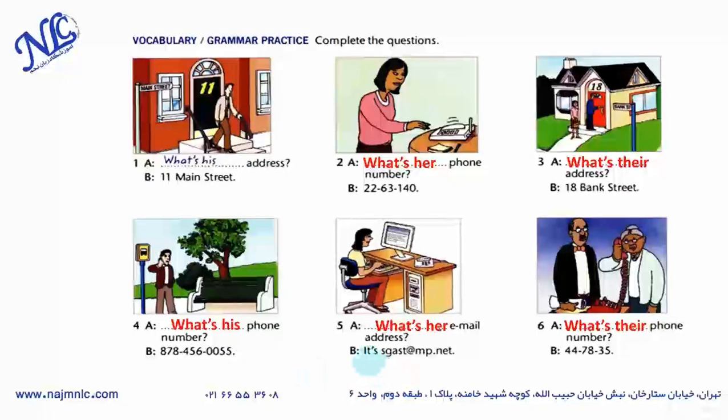Now you yourself, read it. Read the email address. Thank you. It's scast@mp.net. Now you yourself, read the number. Thank you. 447835. Thank you.